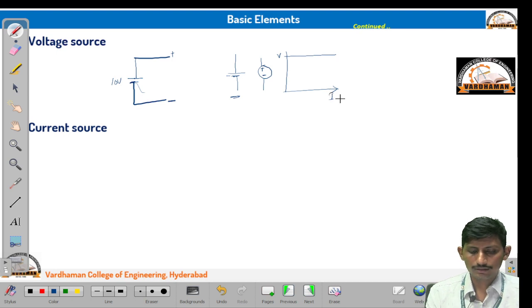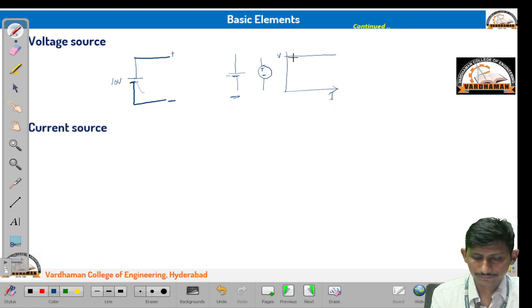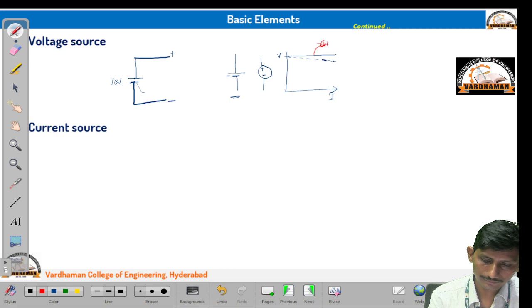Now, this is the ideal characteristic. However, practically voltage sources tend to decrease the value of voltage as the load increases, like this. So, this is ideal and this is practical.